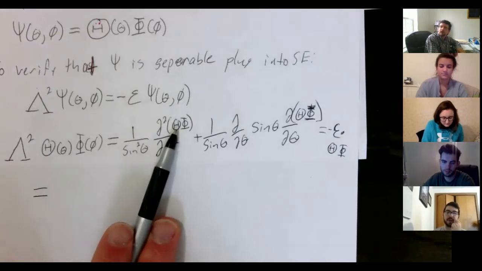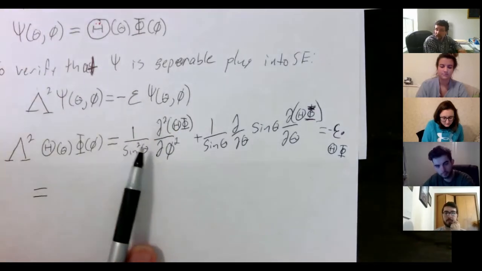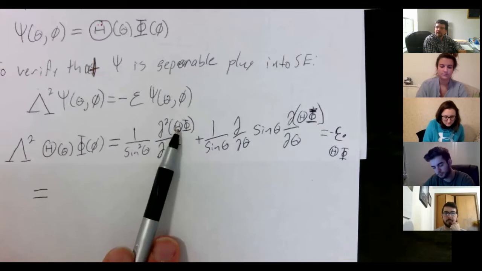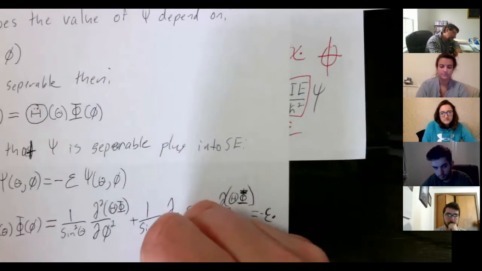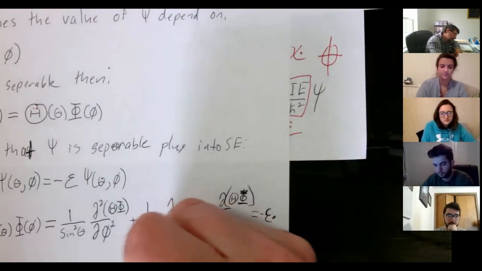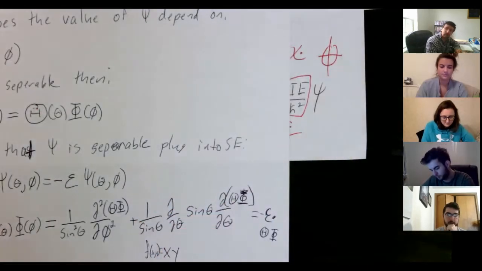So 1 over sine theta can be taken out, right? We're going to leave that here for now. Let's say, for example, we have a function that is equal to xy.